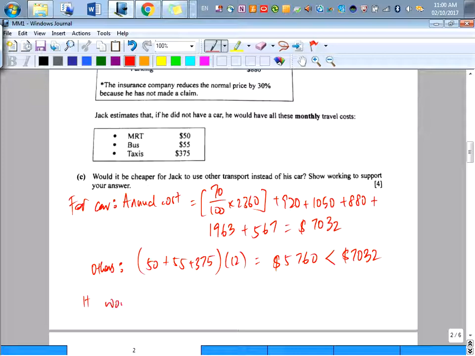It would be cheaper to use other transport instead of car. Okay? So even though you may know mathematically what you should do, even though you may know in your mind what the answer is, you still need to present it clearly such that the examiner knows what is going through your mind.